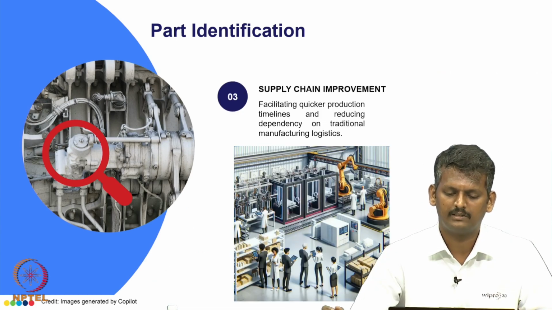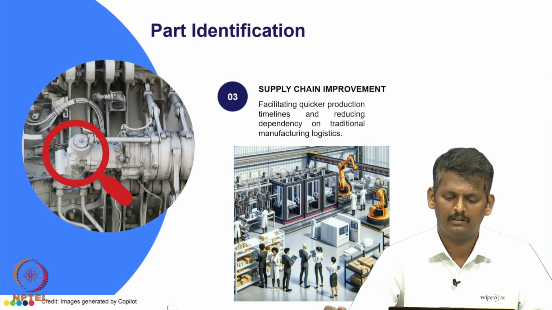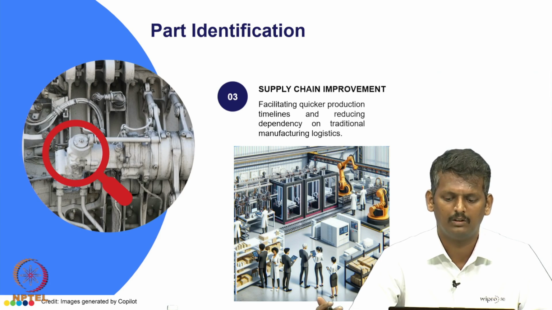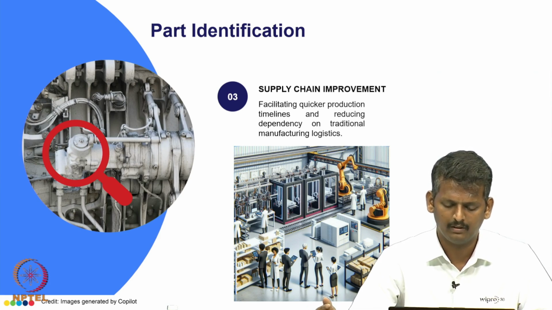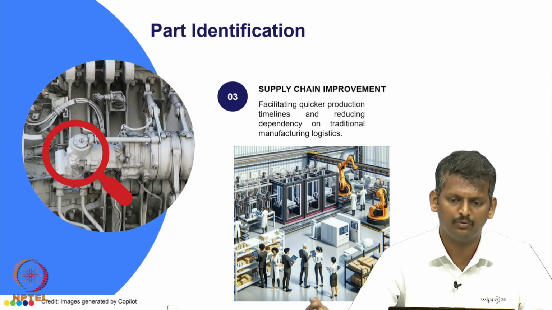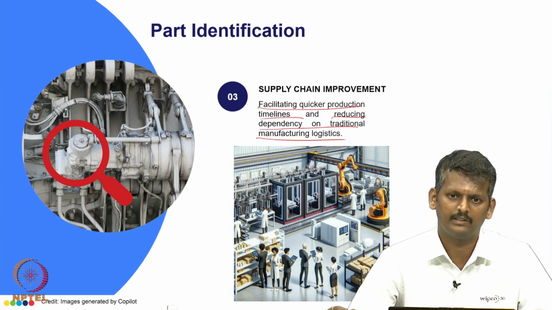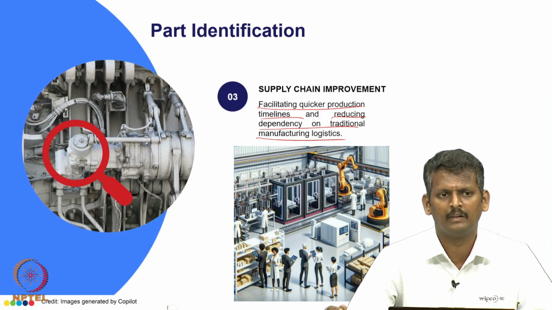Next comes supply chain improvement. There are certain cases where we might be getting components from abroad or from a place where our requirement is too far away. For example, in a ship-related setup, there can be a requirement for a particular component.